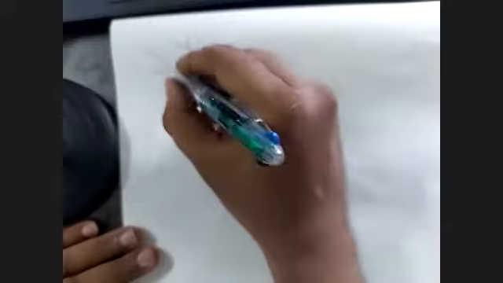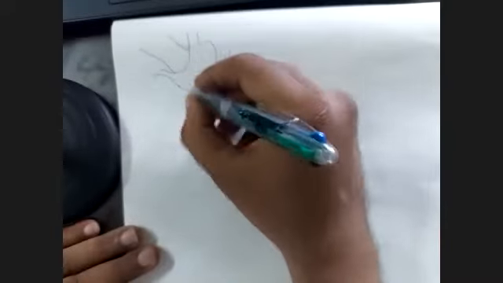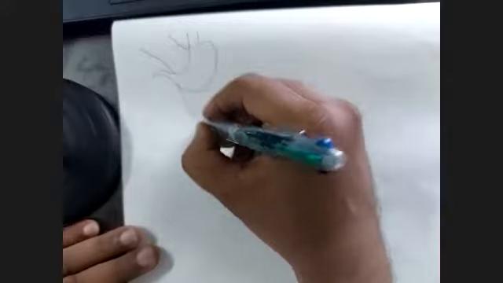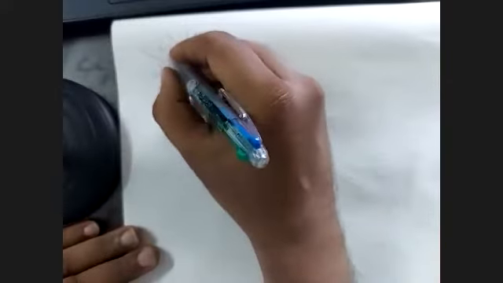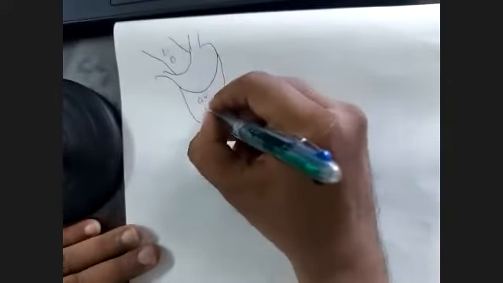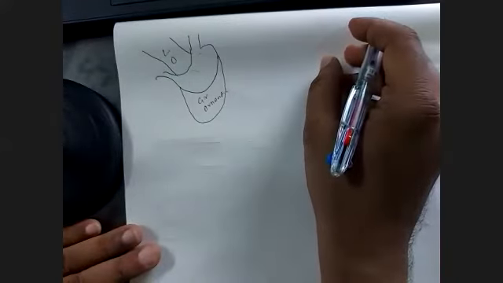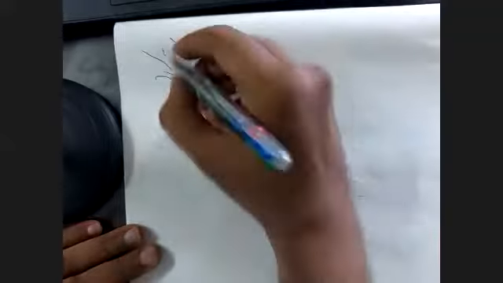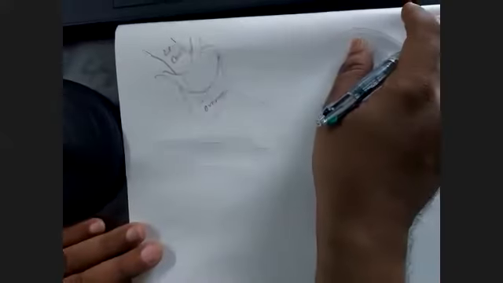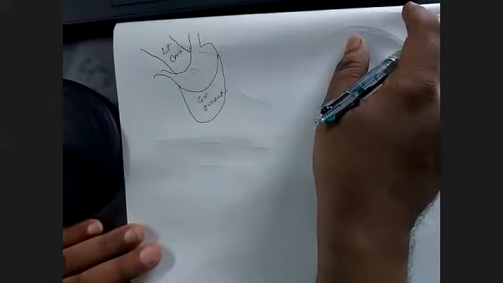So these are two layers. One layer will go on the top, the other layer will go behind, and then again they will unite and form the greater omentum. So this is the lesser omentum, this is the greater omentum. So this is how the peritoneum of the stomach is.